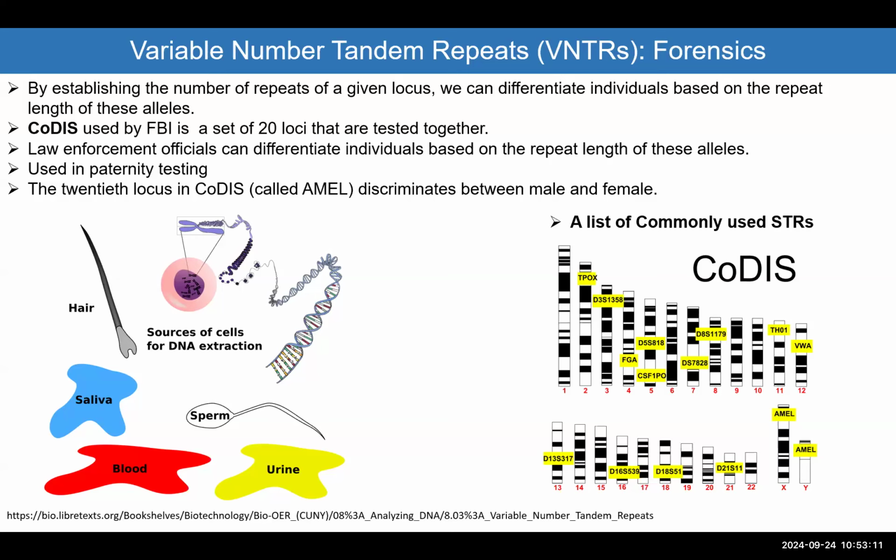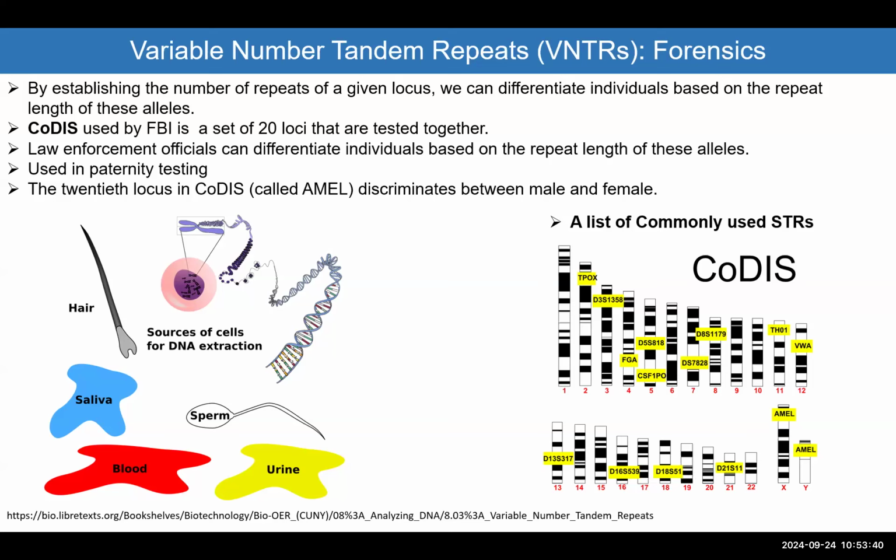Now imagine you add these 20 different locations. This is highly different from one person to another. Again, on chromosome 3, D3S1358 is highly different between two people. Then again, chromosomes 4, 5, 7, 8, 11, 12, 13, 16, 18, and 21.